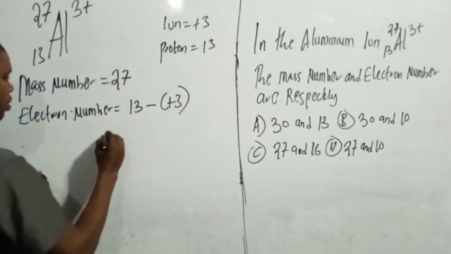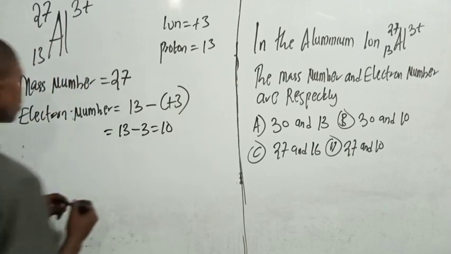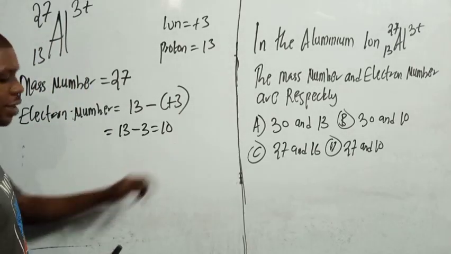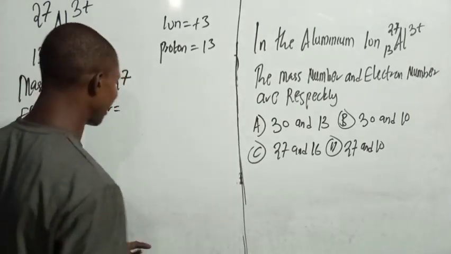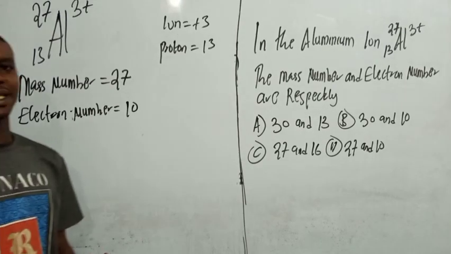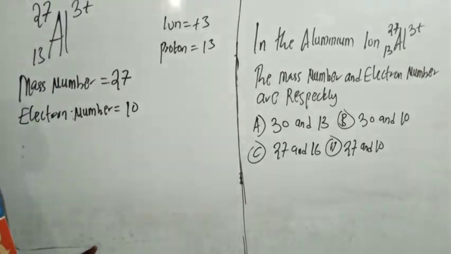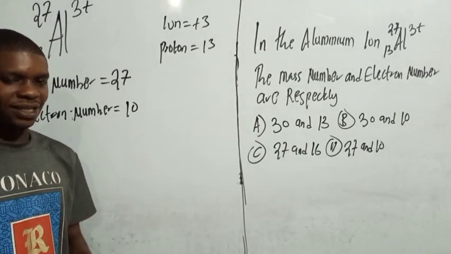So we are going to have 13 minus 3, which is 10. So my electron number is 10. It means that it has lost 3 electrons. So you can see how easy it is to get your proton, neutron, and electron. And this is how you're going to see it in the exam. You get?